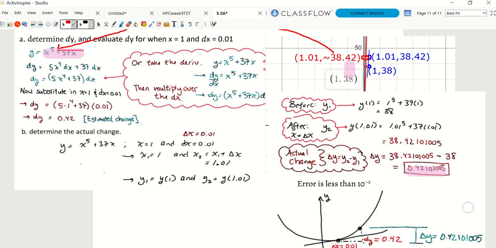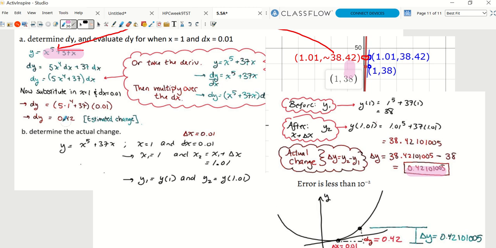And then what they did was they found the vertical distance between our estimated blue point and the 38 earlier. So the vertical distance between the estimated blue point and this is basically 0.42, which is what we got over here. So all they're saying is that the vertical distance that we estimated, which is 0.42, is pretty darn close to the actual vertical distance when we plug in the 1 and the 1.01 into the function.